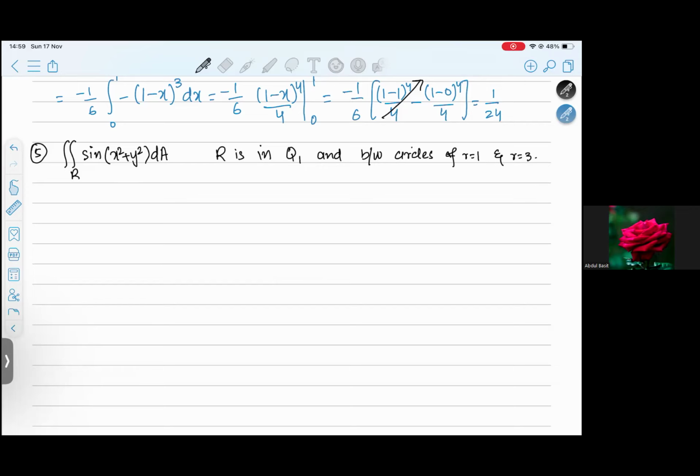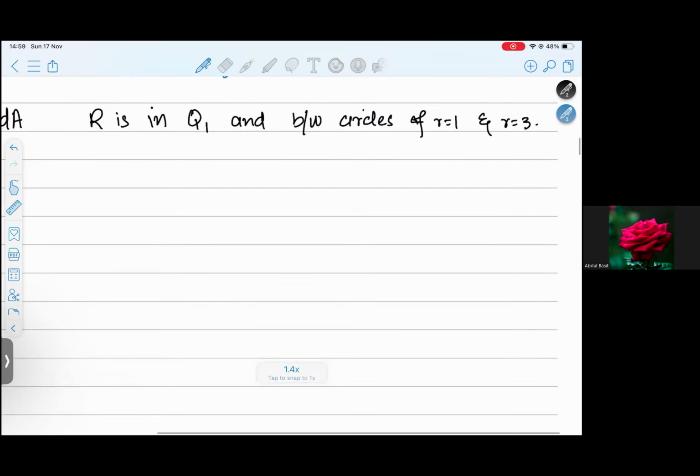Okay, so if we draw this region over which we are evaluating this integral, the region will be somewhat like this. This is the circle of radius 1 and this is the circle of radius 3. And since we are looking in first quadrant, this is the region over which we are evaluating this integral.